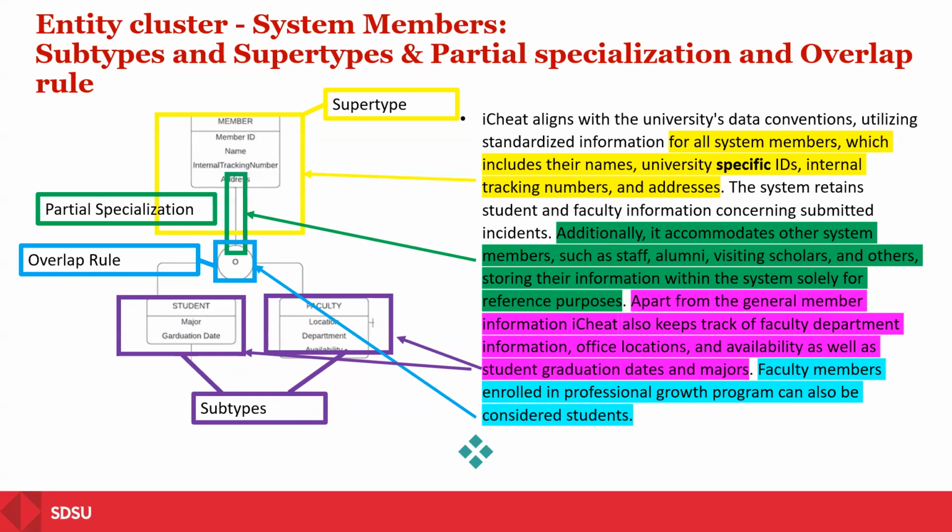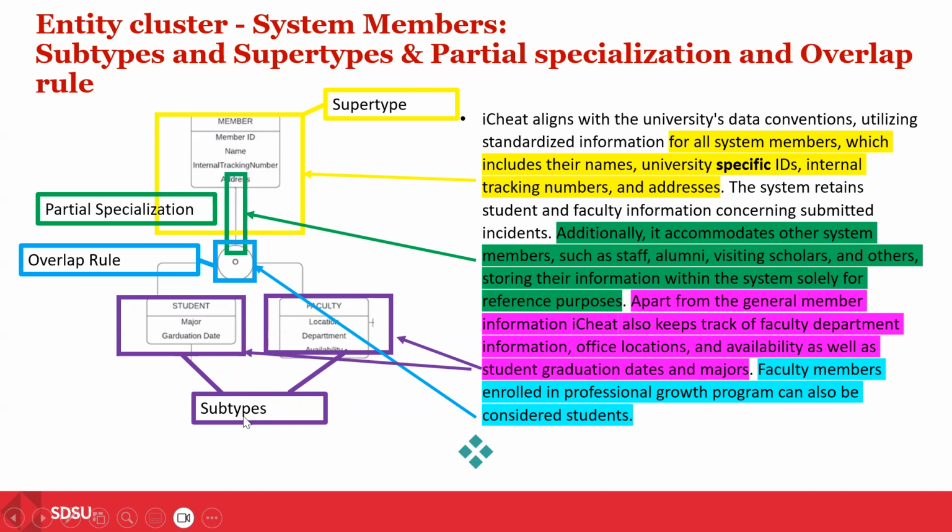Entity clusters are groupings of entities into different sets, to represent those sets on the diagram for usability of reading. So in this case, we're looking at the system member entity cluster that has faculty and student.